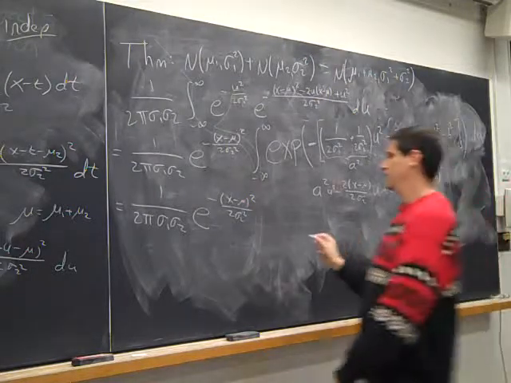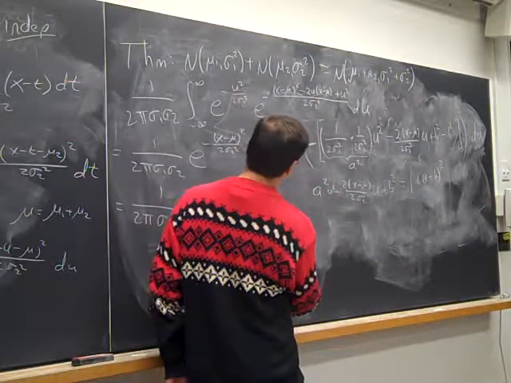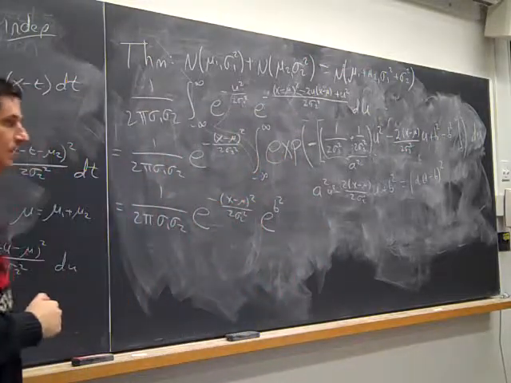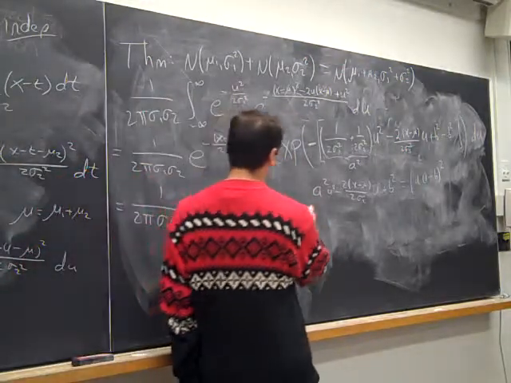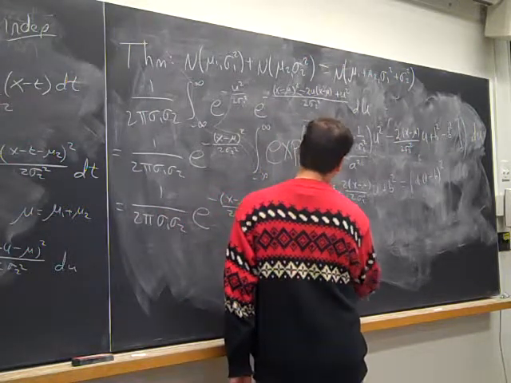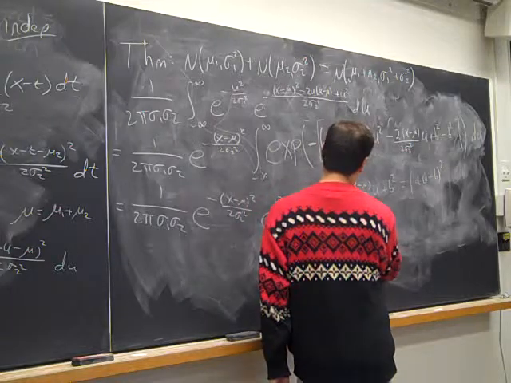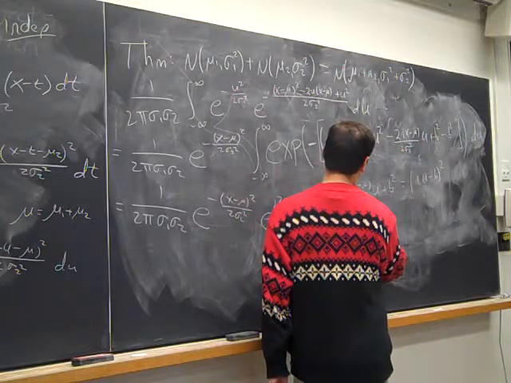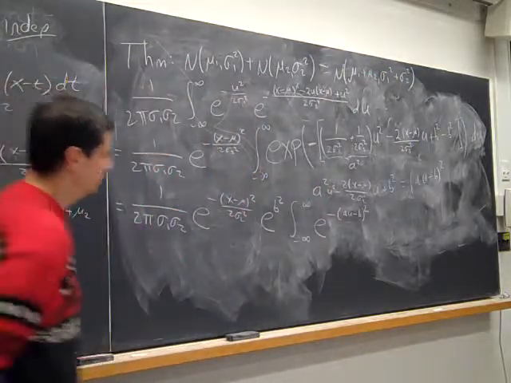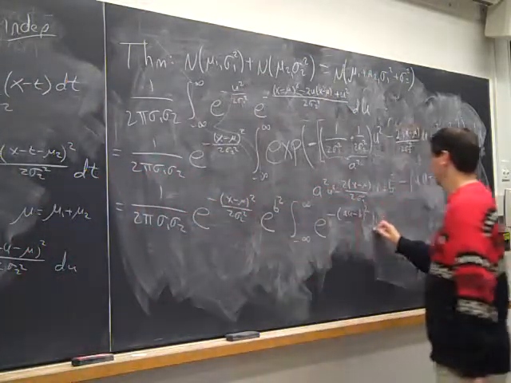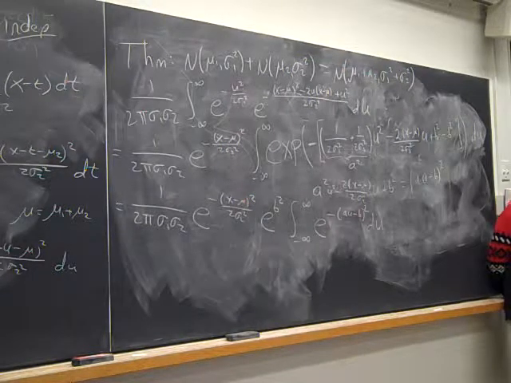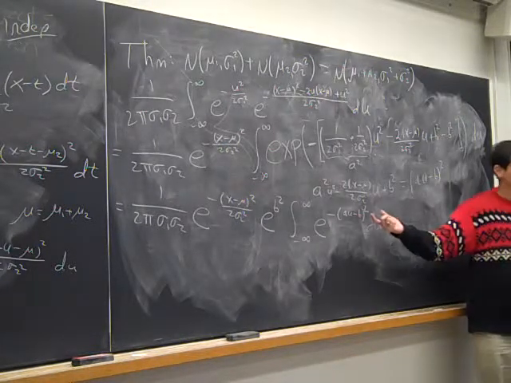So we'll have e to the b squared, right? And now what are we left with? We're left with an integral from minus infinity to infinity of e to the negative a u minus b squared, du. Can we figure out what this integral equals?